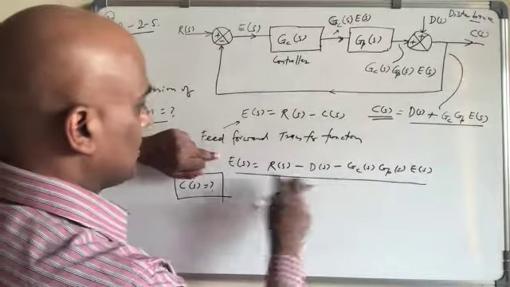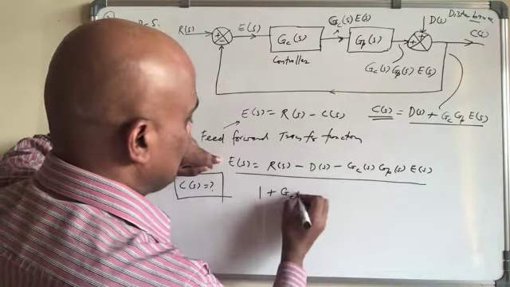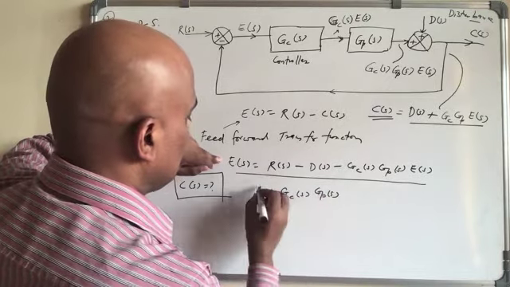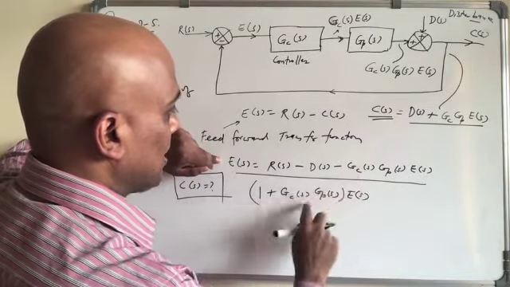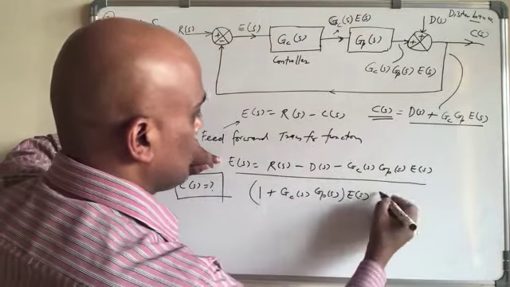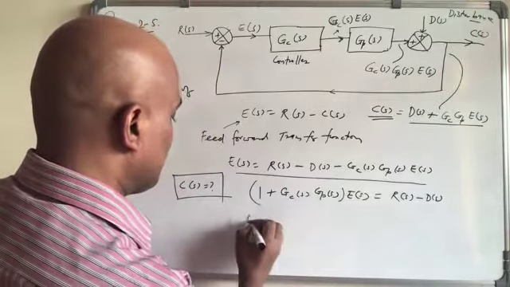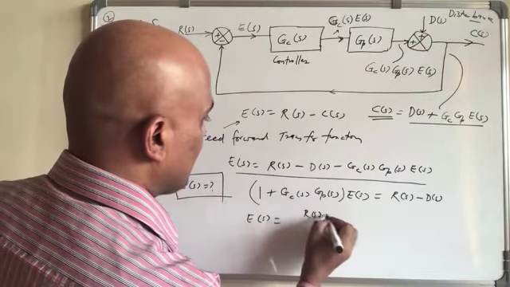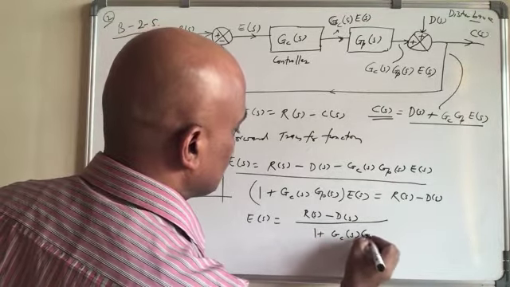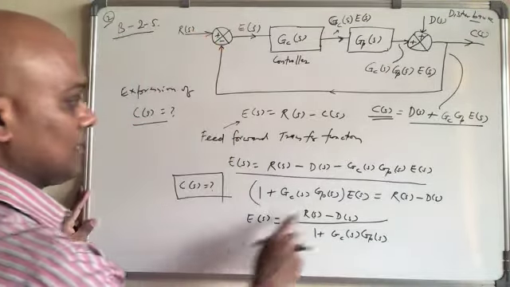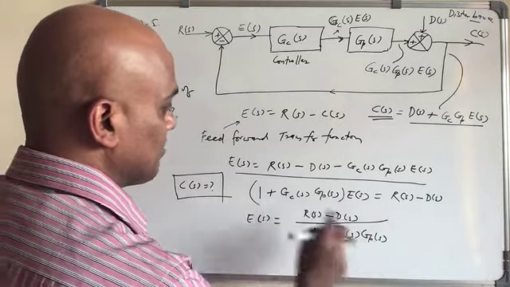So from here, what you have is 1 plus GCS times GPS multiplied by ES. So ES times (1 plus GC times GP) is equal to RS minus DS, and hence ES will be equal to RS minus DS divided by 1 plus GCS multiplied by GPS.